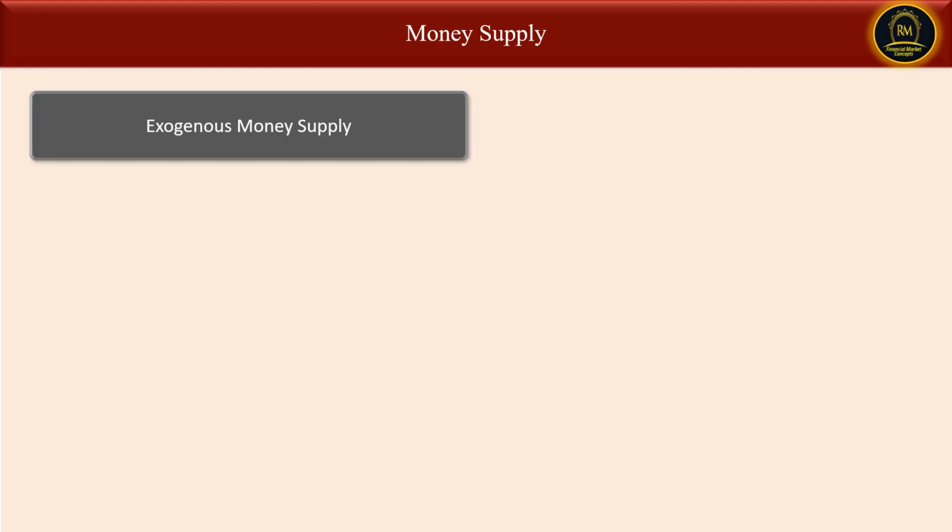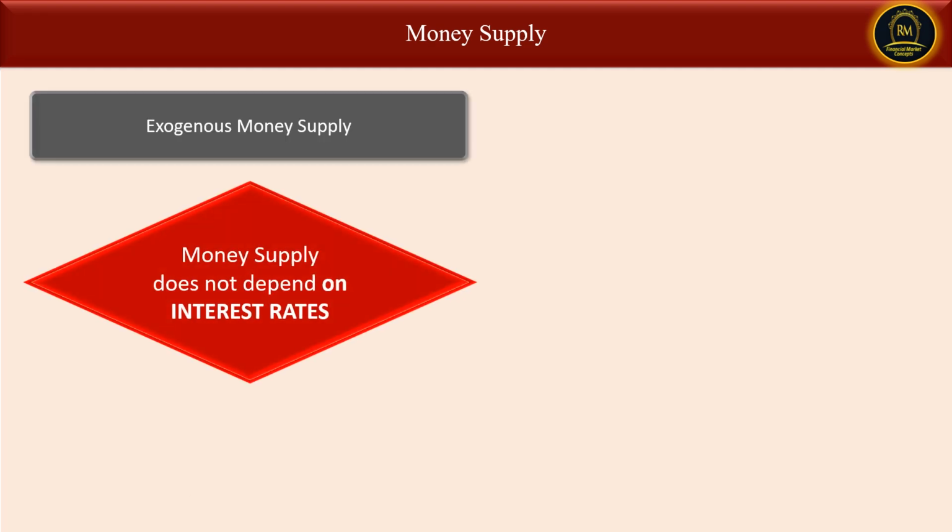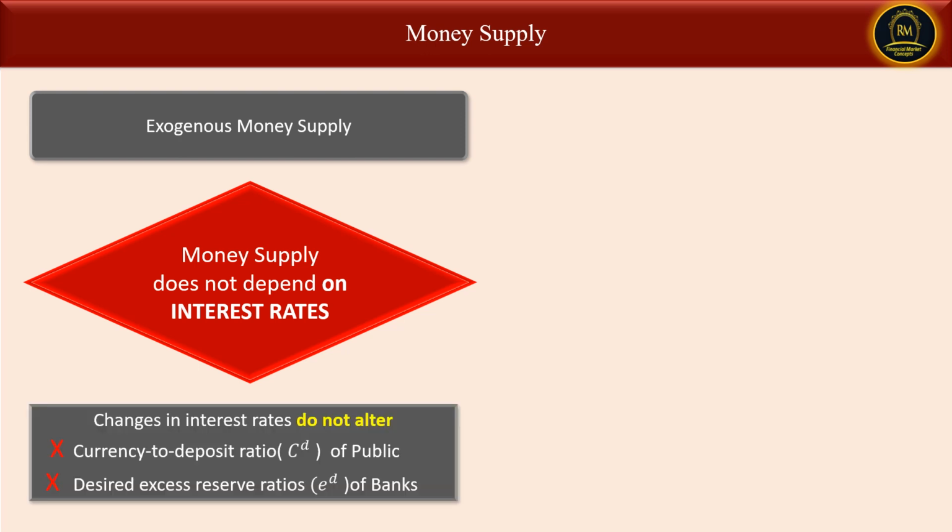Exogenous money supply is the money supply that is determined by outside forces and does not depend upon the interest rates. As a result, a change in the interest rate does not alter or change the currency to deposit ratio of the public or the desired excess reserve ratio of banks.